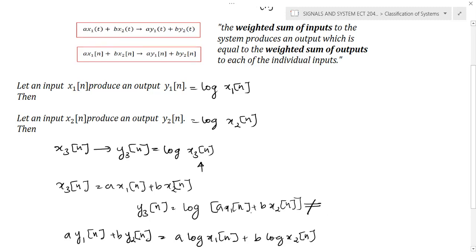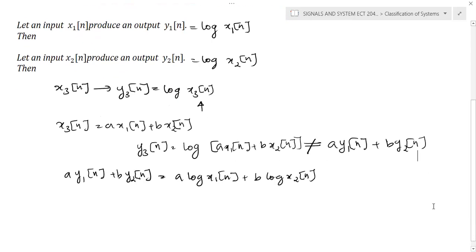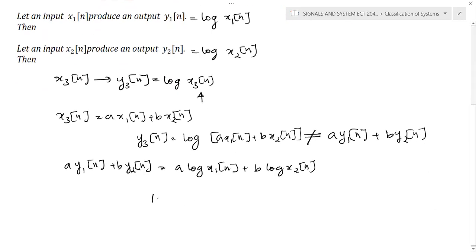We cannot split this logarithm into a into log x1 of n plus b log x2 of n. So the given equation is not in the format a y1 of n plus b y2 of n. So we can conclude that the given system, the logarithmic system, is again a nonlinear system.